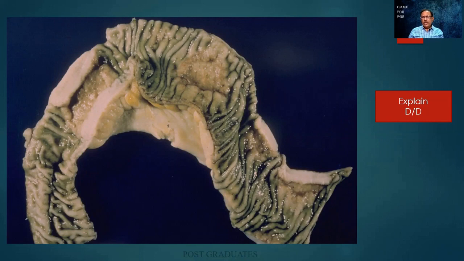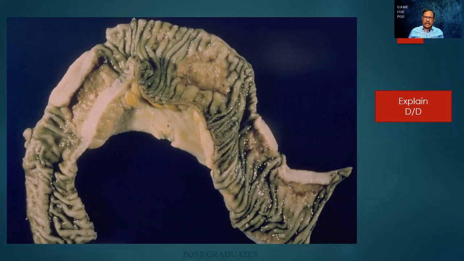Two, non-specific ulcers. Any of the bacterial infections can cause small non-specific ulcers. But in pathology, what we are supposed to remember is lesions that present with classical pathological pictures. Granuloma, as in the case of tuberculosis. Flask-shaped ulcer, as in the case of amoebic colitis.